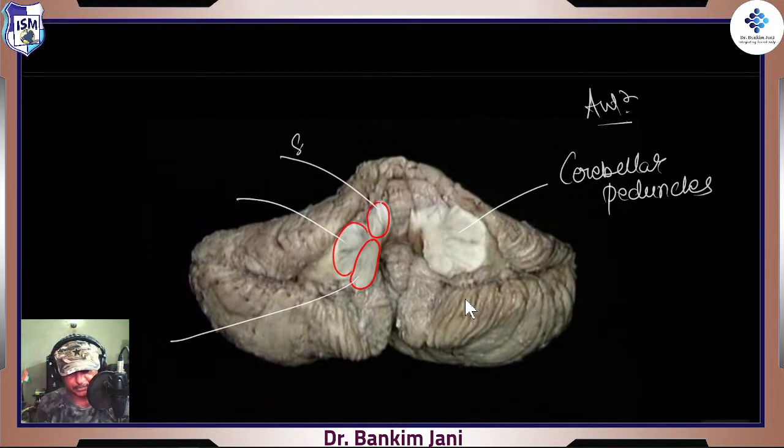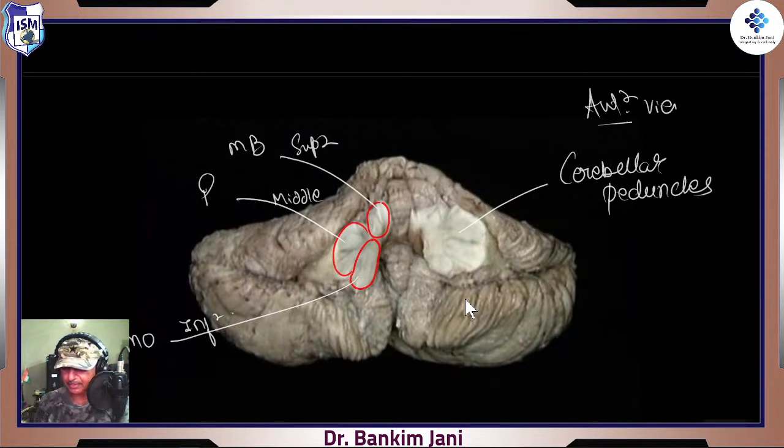The superior one is connected to the midbrain, the middle one to the pons, and the inferior one to the medulla oblongata. So these are the two cerebellar hemispheres, and that's our anterior view. Fine.